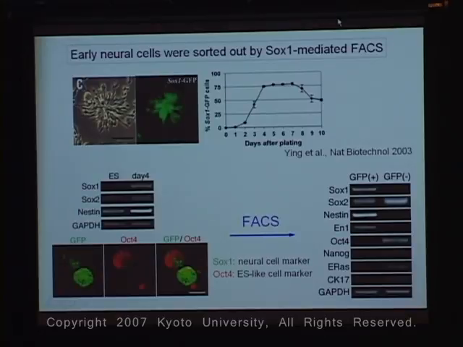But these two populations never overlapped, so we divided them by FACS. The GFP positive cells, of course, expressed SOX1, but GFP negative cells didn't. These GFP negative cells expressed ES cell markers such as OCT4, NANOG, and ERAS.